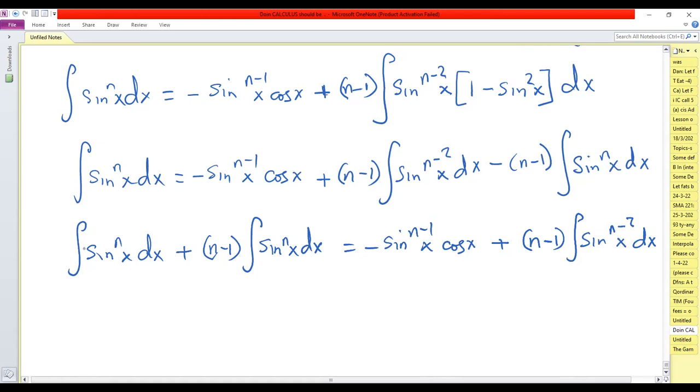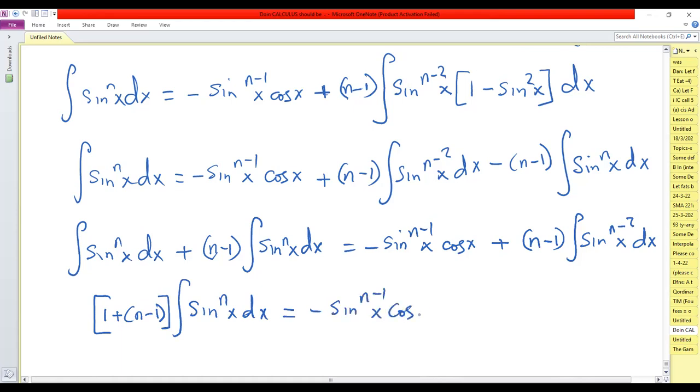So the coefficient of this one is 1. So I'll have 1 plus n minus 1. And then what is common is the integral of sine power n x dx, which will give negative sine n minus 1 x cos of x plus n minus 1 integral of sine power n minus 2 x dx.